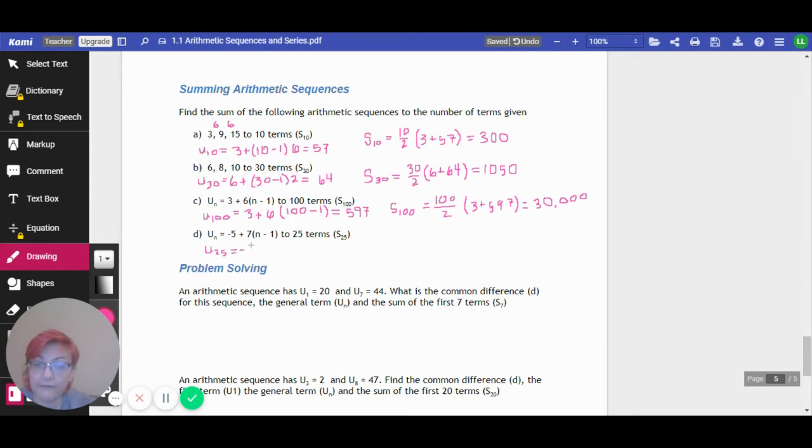So that's going to be -5 plus, looks like my common difference is 7 times n, which is 25, minus 1. All right, -5 plus 7 times 25 minus 1 is 163.